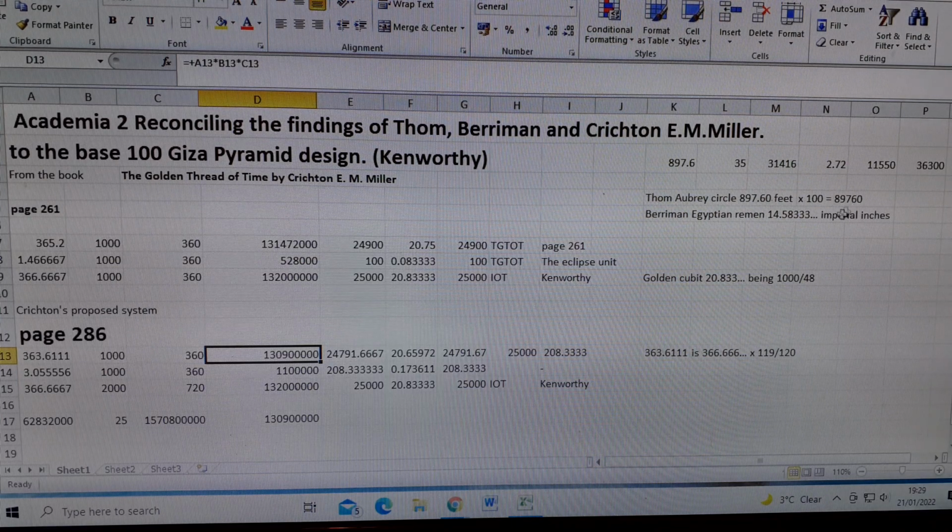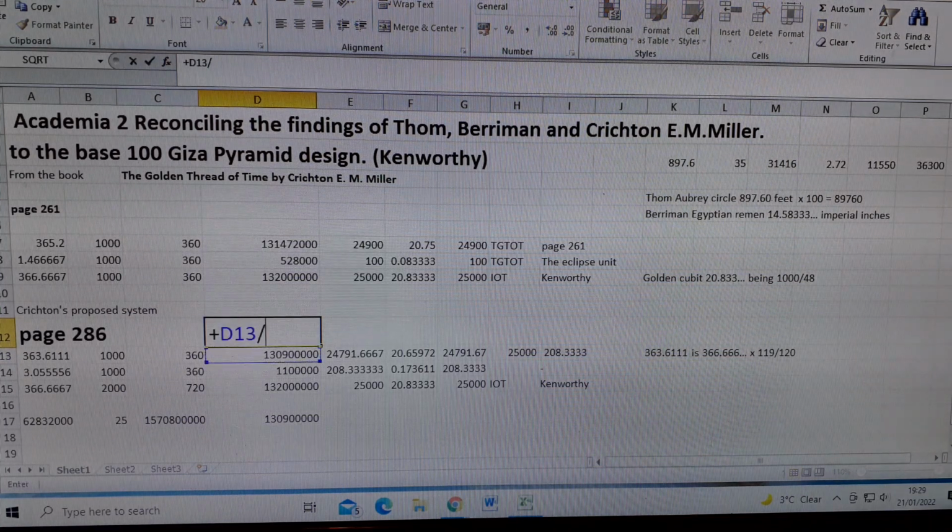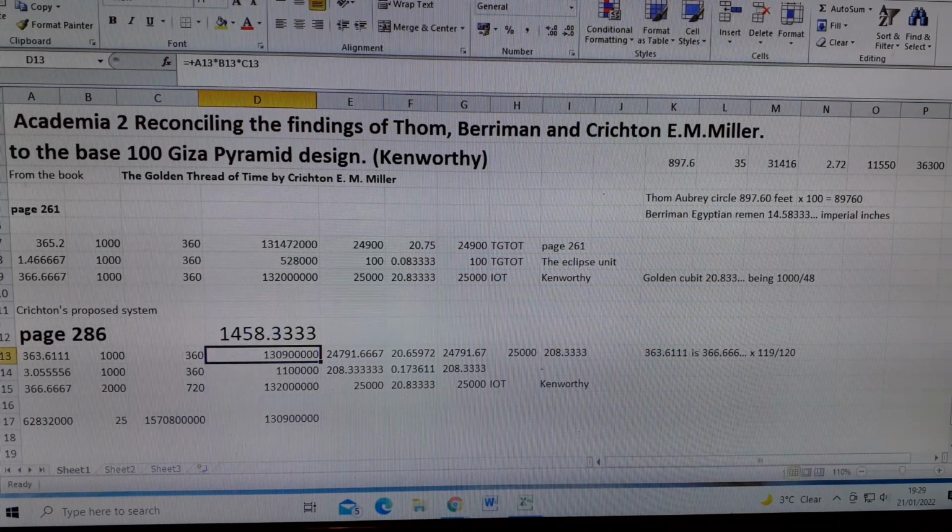And what we will find when we do that is that we're going to hit Berriman's Egyptian Remen of 14.58333 imperial inches. So we go plus that divided by 89760, and hey presto, Berriman's Royal Egyptian, not cubit, Remen, Royal Egyptian Remen.